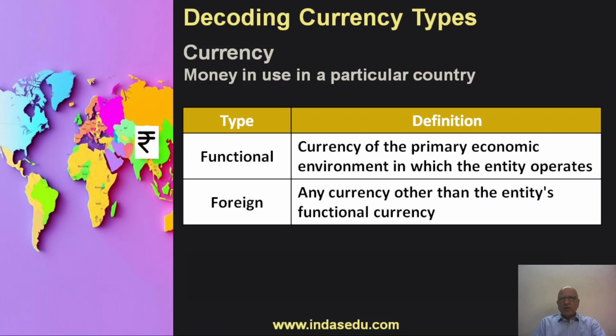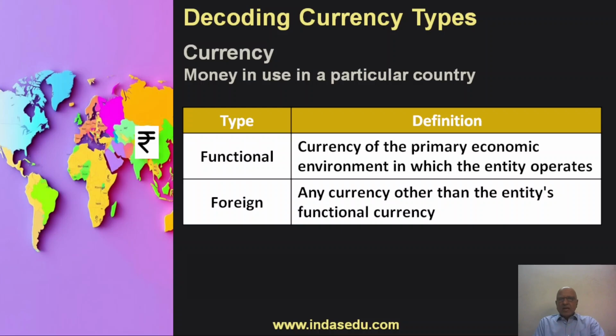Next. Decoding currency types. Currency is money in use in a particular country. Accounting is a measurement process and currency is the basic unit of that measurement. That means currency is the basis for measuring accounting data for the preparation of financial statements. There are two types of currencies, one is functional and another is foreign.